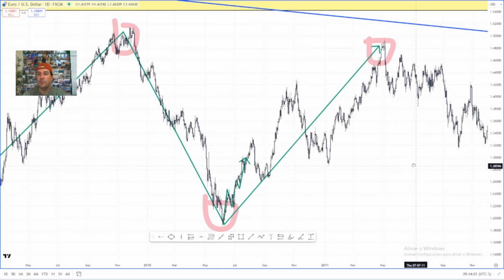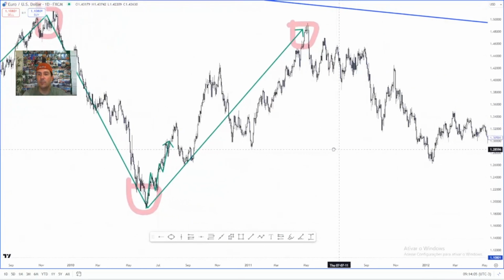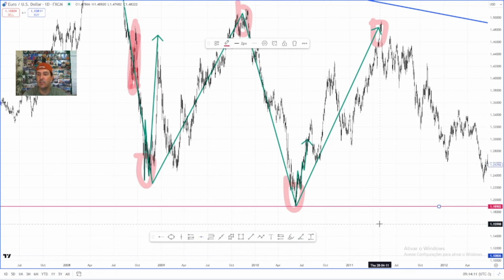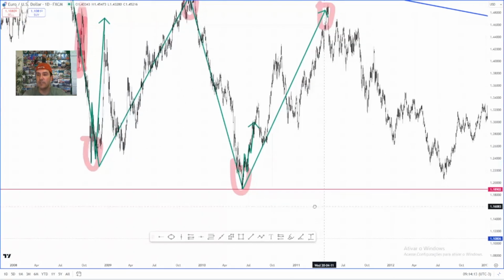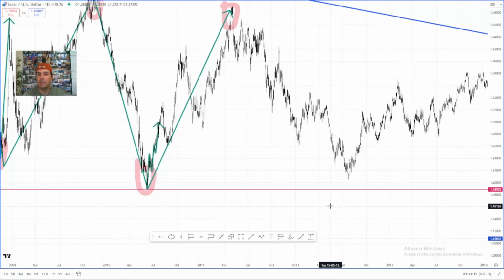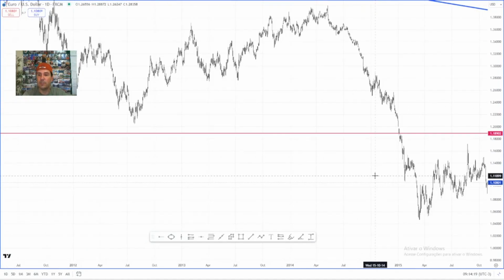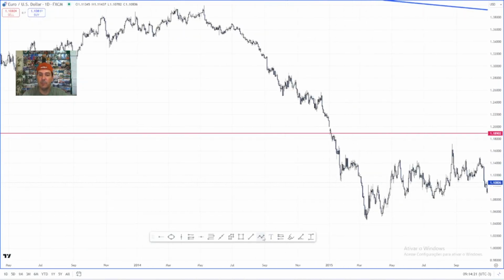We're monitoring, so it must make a lower low, so we're looking for the retracement lower than this low, right? Market falling down, up and down, up and down, there you go. Here it goes, it's making higher highs, higher lows.